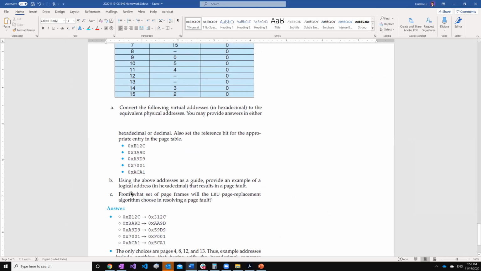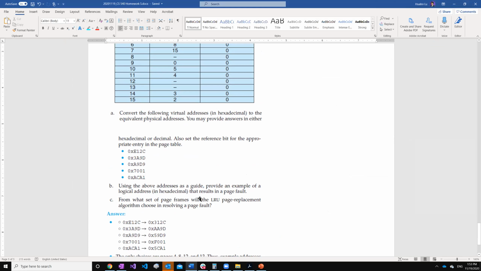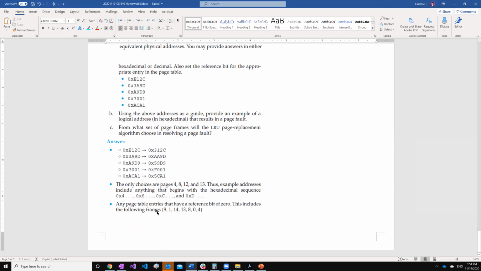Okay. Now the next one, from what set of page frames will the LRU page replacement algorithm choose in resolving a page fault? And you would say any page table entries that have a reference bit of 0.